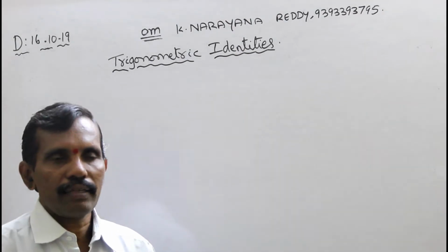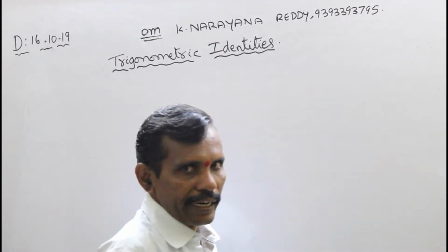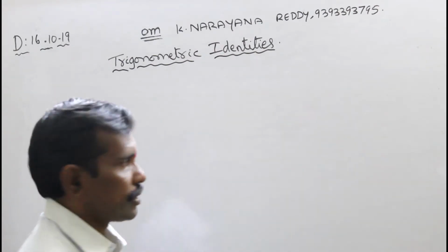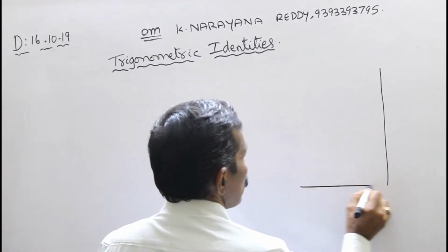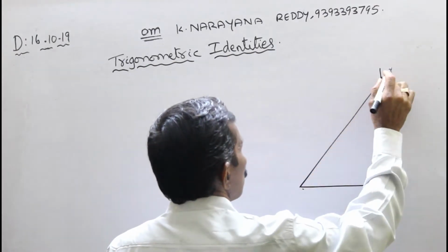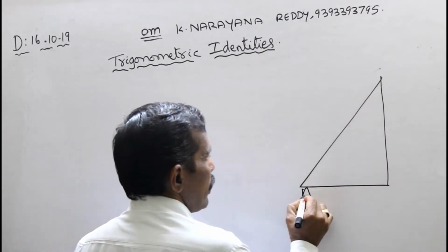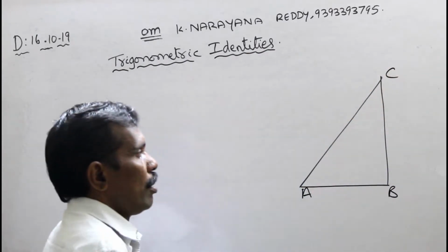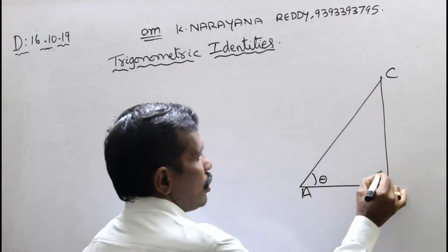Now you can take a right angle triangle. You know what is a right angle triangle? That means it contains one angle of 90 degrees. That is A, B, C. This is angle theta. This is the right angle.